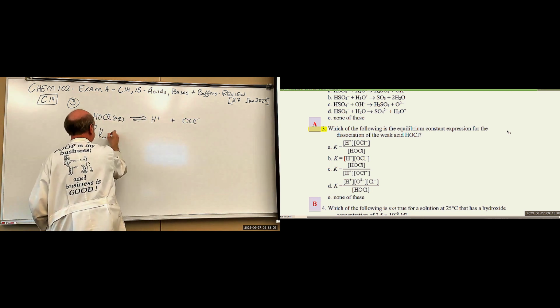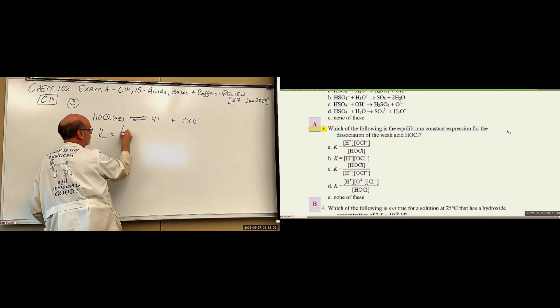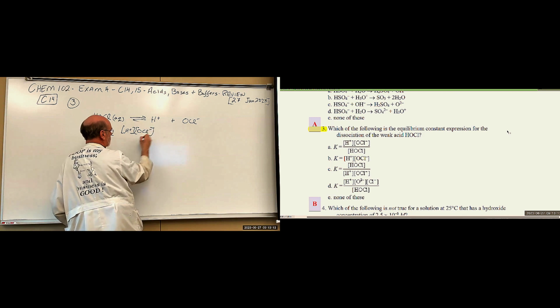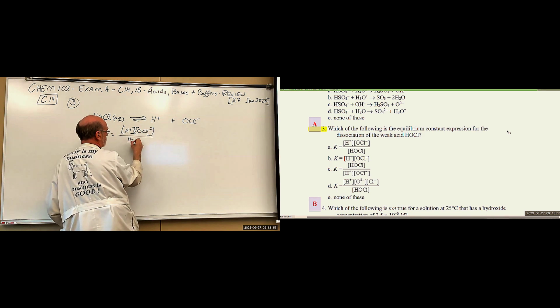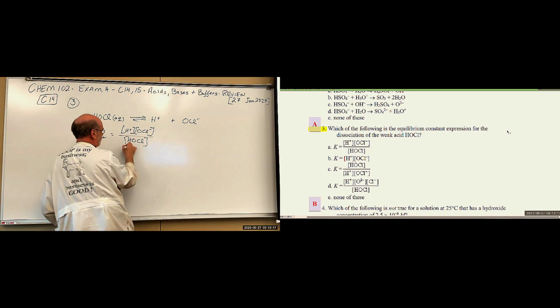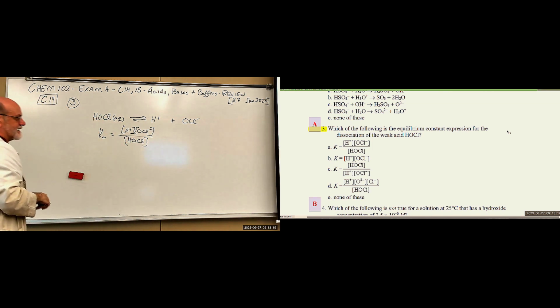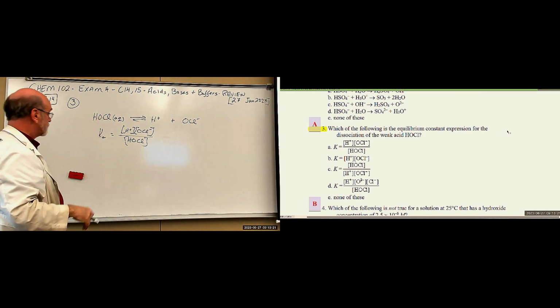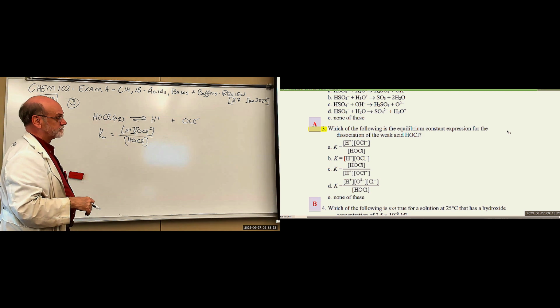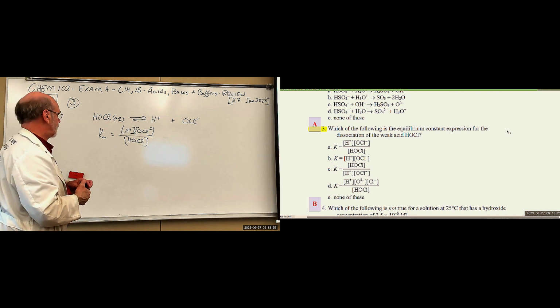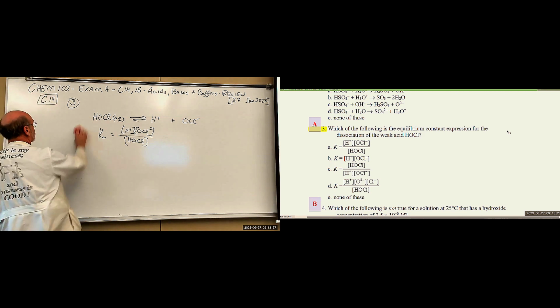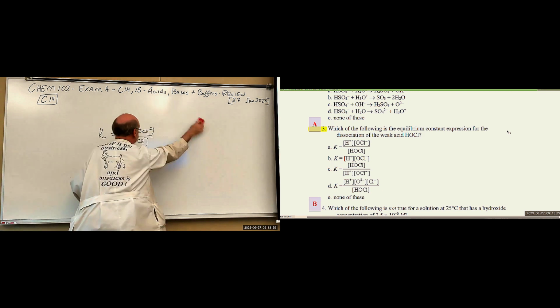So then the K for this one would be just this part, and then this part. Okay. So it looks like our A is the best one of all that bunch. All right. That's 3.